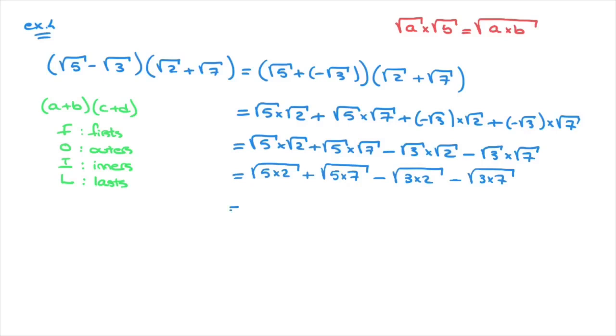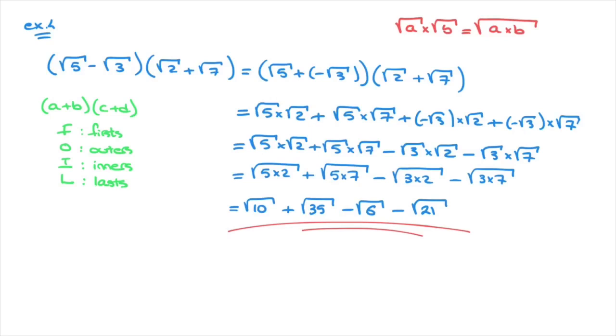Finally, that's equal to the square root of 10 plus the square root of 35 minus the square root of 6 minus the square root of 21. And we're done. We cannot simplify this any further.